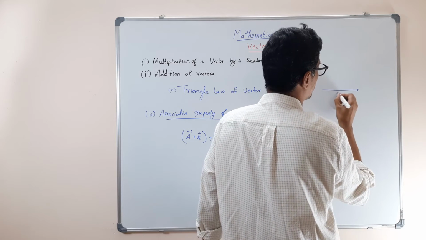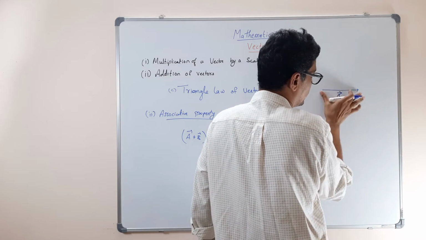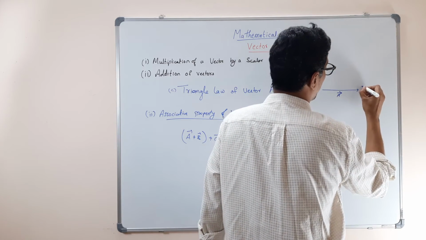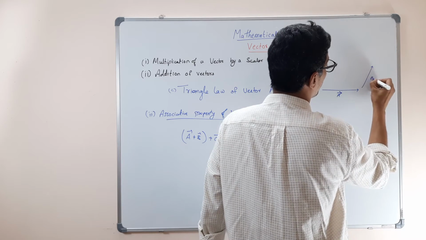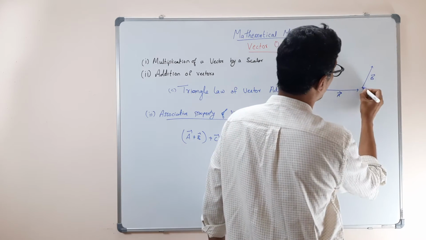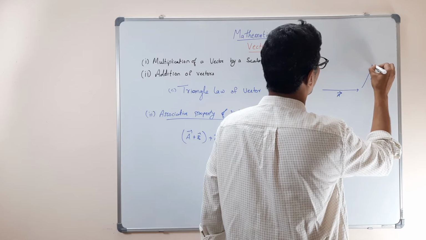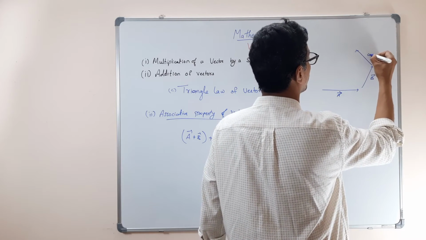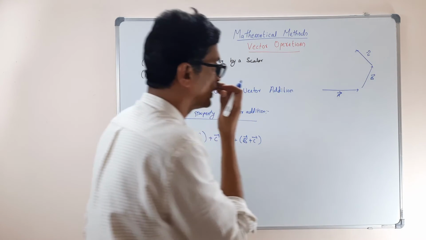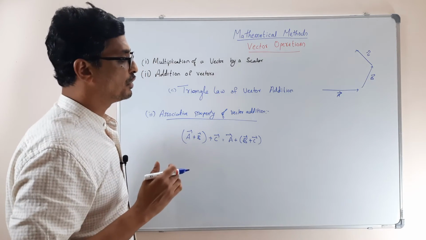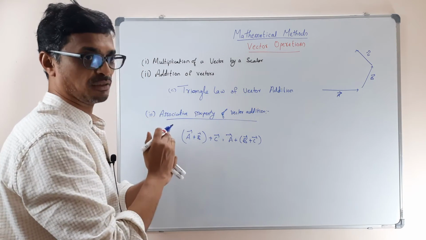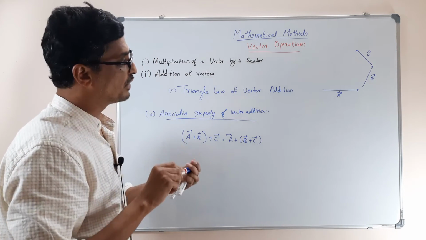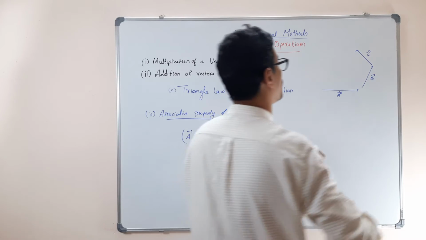The length is the magnitude. Then I will take another vector B, and then another vector C. So how many vectors are there? Three vectors. So now we know how to add these three vectors. We saw, correct? How do we add the three vectors? First we have to join these two.